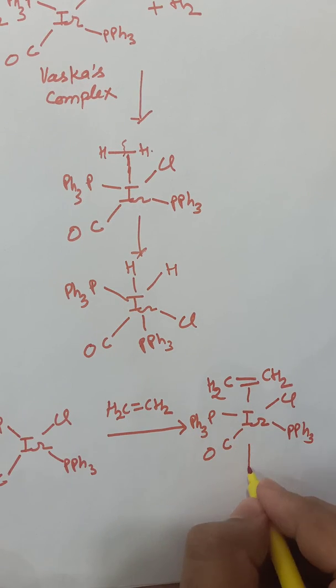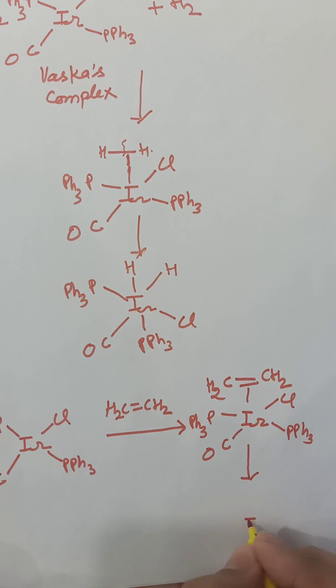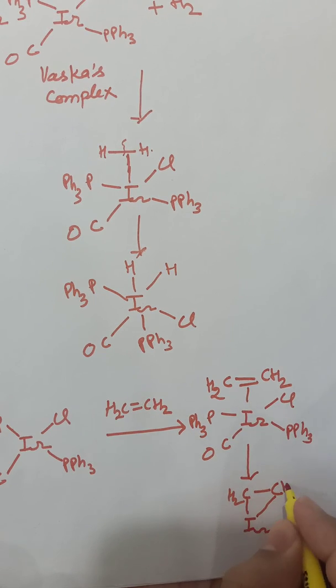And then there is breakage of the sigma bond, or one bond, between carbon and carbon of ethene. And what happens in this case? C, H2, H2.